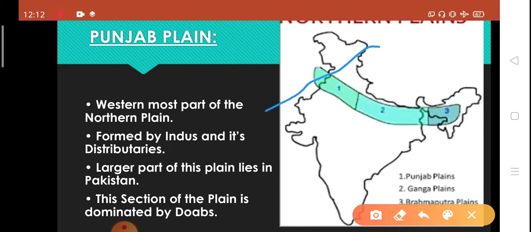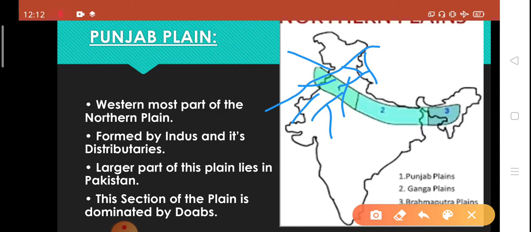The Indus river comes from here, distributes, and there are so many rivers flowing. All these distributaries are given several names. Let's say this is the Indus, then there is Jhelum, Chenab, Ravi. You are going to know about all the rivers in further chapters, but I'm telling you that there are so many rivers here, and between the rivers we have lands, and that land is called doabs.